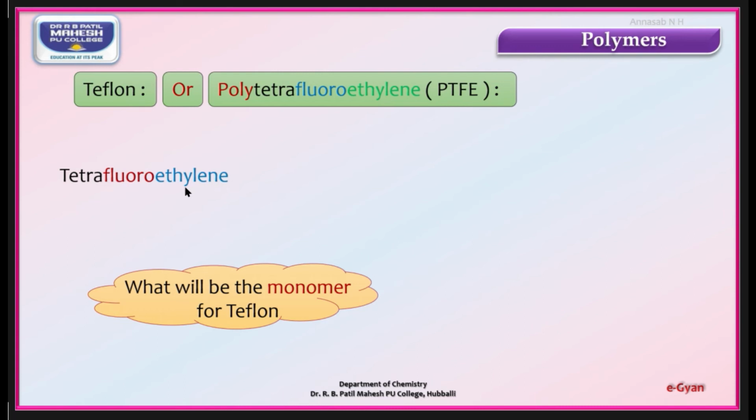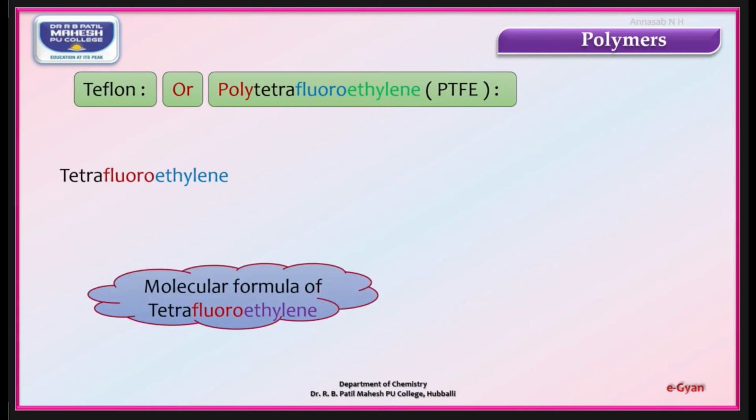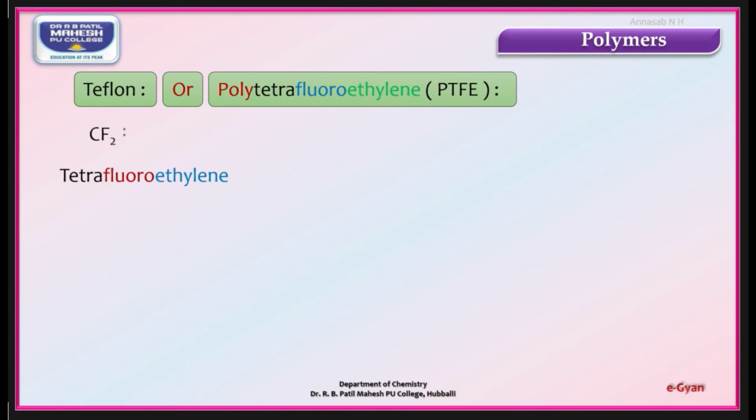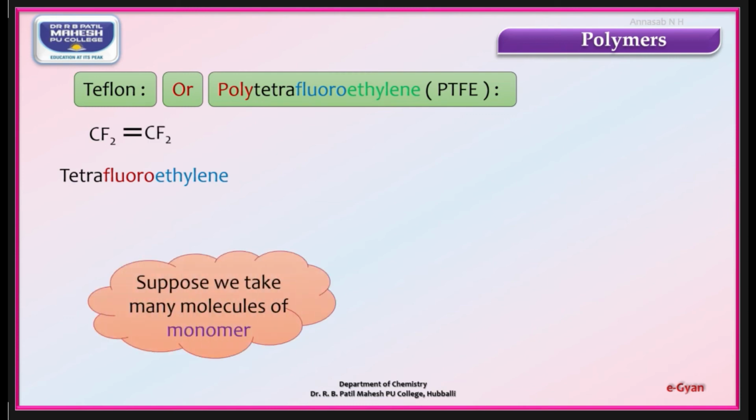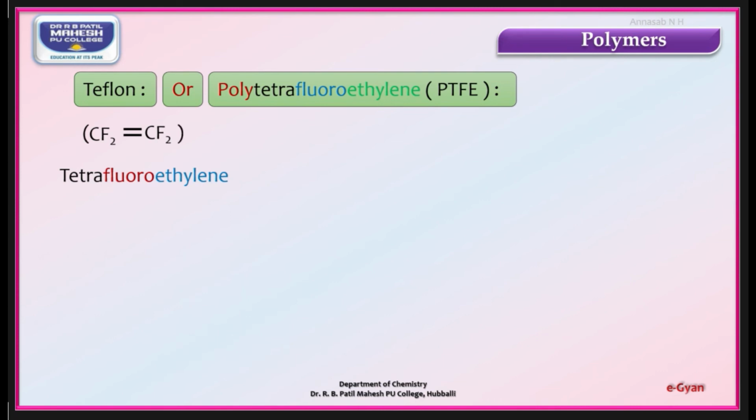In ethylene, CH2=CH2, all the 4 hydrogen atoms are replaced by fluorine. Therefore, CF2=CF2 is the monomer for Teflon, and this monomer is taken n number of times.